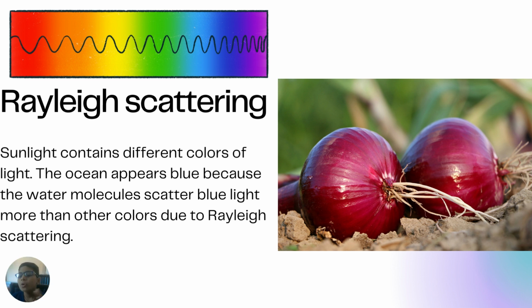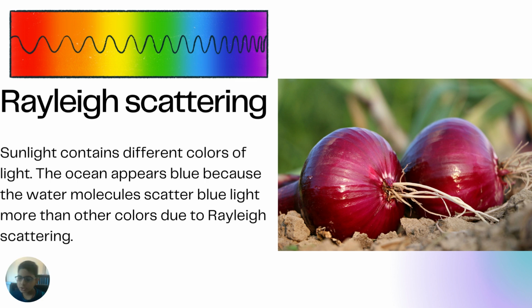And next, if there is scattering of light in the oceans, why is the ocean not looking rainbow colored? Why is it looking blue? Basically, that is our next thing to find out.